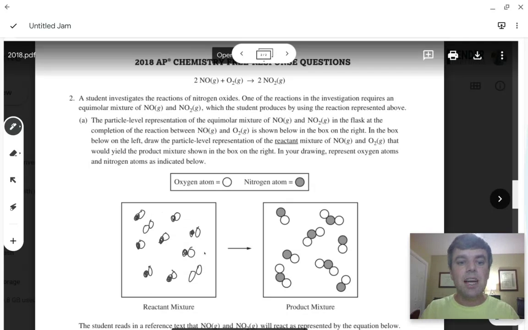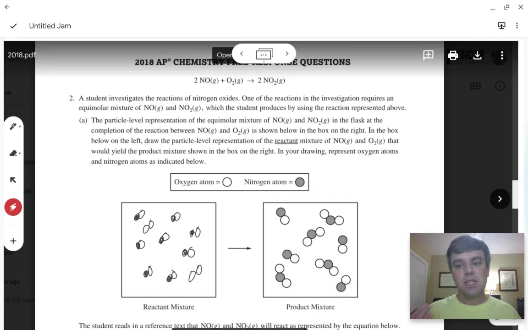And if you look at what happens, essentially, in this reaction, to get our product mixture, 4 nitrogen dioxides are produced, while we also have 4 nitrogen monoxides that are left over.